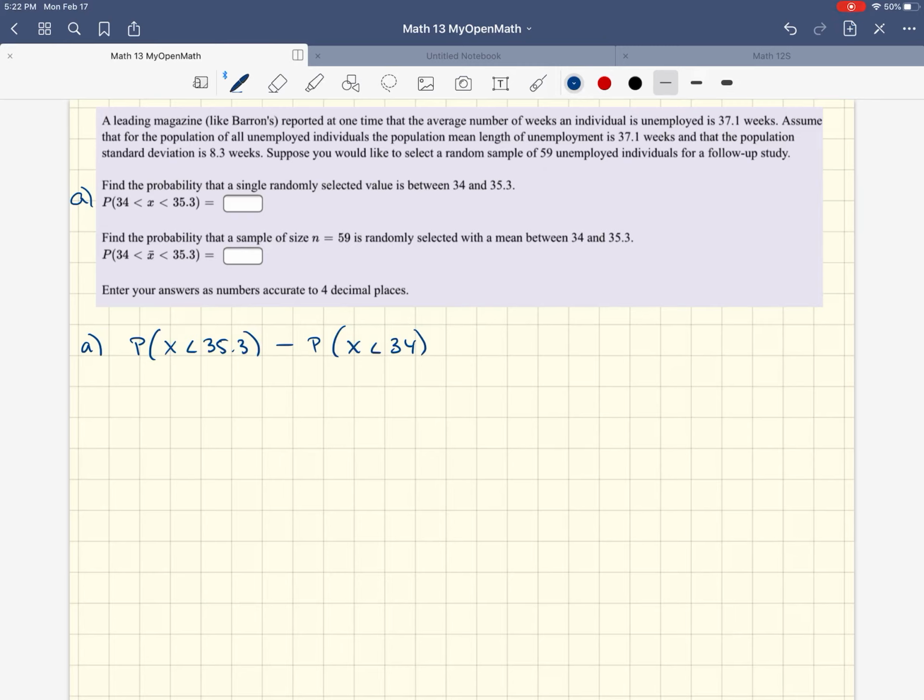Just to give you a picture of why we do it that way, if we have our normal distribution curve, and in the middle is the mean, 37.1, then the probability that x is less than 35.3, so let's say this is for 35.3, would be this probability.